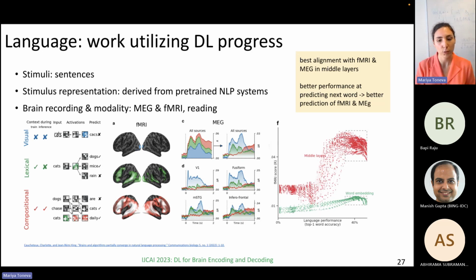Some of the models they used are autoregressive models, based on GPT-2. What they also found that was very interesting at the time was that the better a model was at predicting the next word, the better its prediction of fMRI and MEG was. So they found a correlation between the ability of the model to perform next word prediction and its ability to predict the brain response.